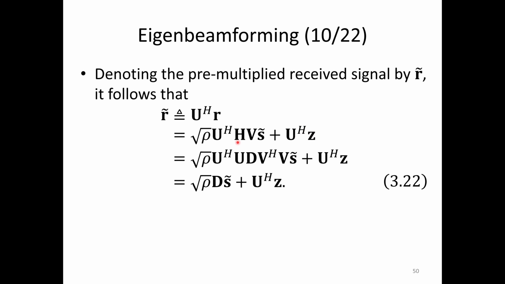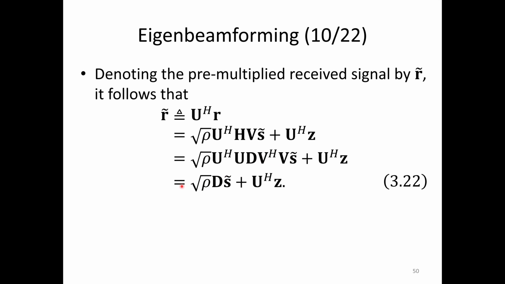According to the singular value decomposition, H can be decomposed into three matrices, that is U times D times V Hermitian. Because U is a unitary matrix, U Hermitian times U is an identity matrix I, so it disappears. And again, V is also a unitary matrix, so V Hermitian times V is also equal to I, an identity matrix, so it disappears.